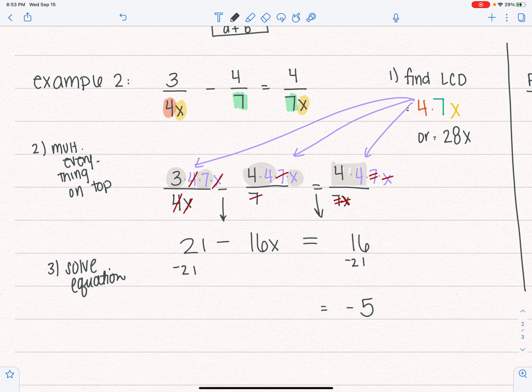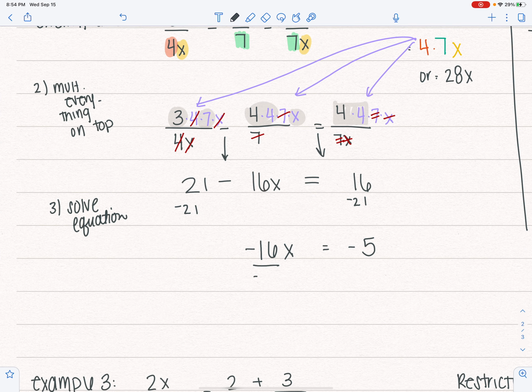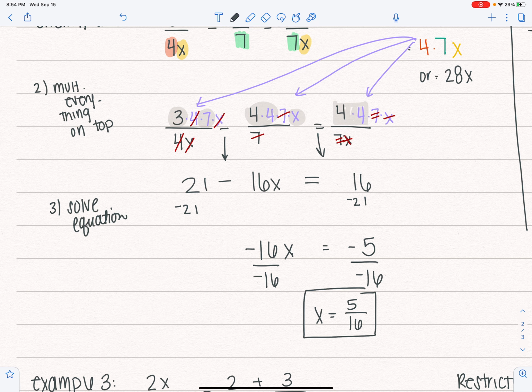And then on the left, I'll have -16x. I'm then going to divide both sides by -16 and have a final answer of that thing simplified down to 5/16. So that would be my final answer.